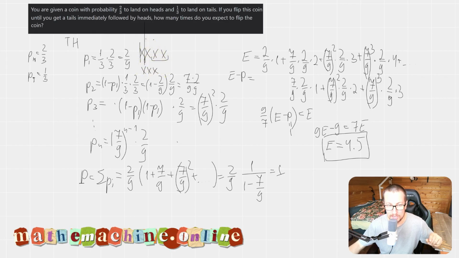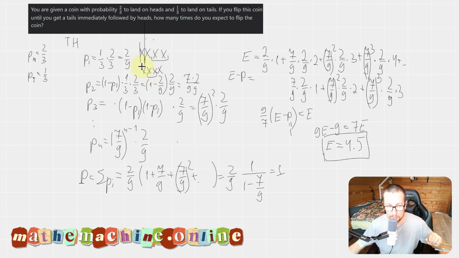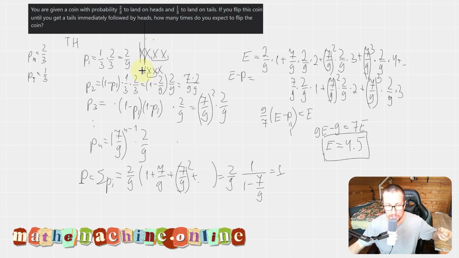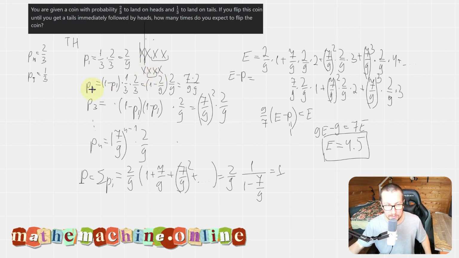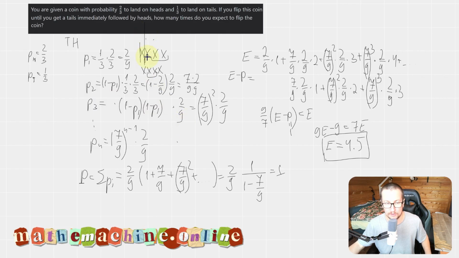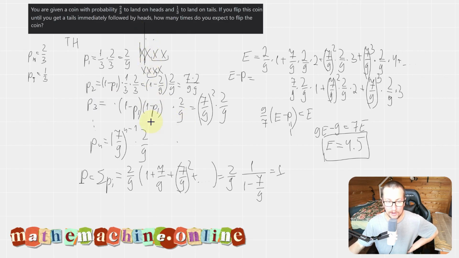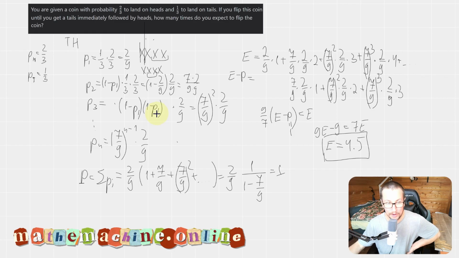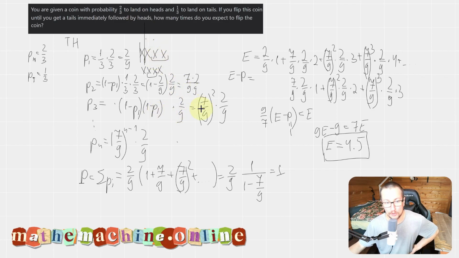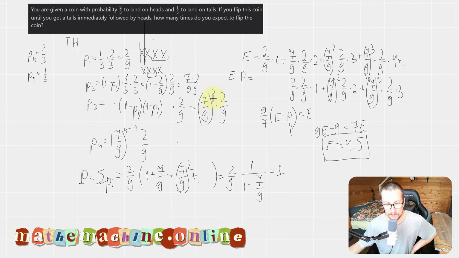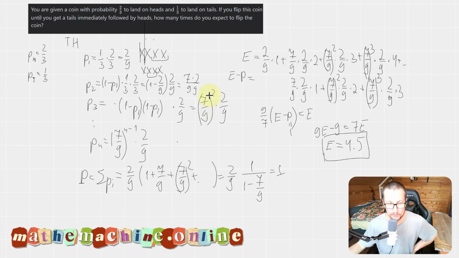If you are here, it is just like when you just started: 1 time you have to fail and 2 times succeed. So it's basically times p2. All of this is p2 since you find yourself here. So again, fail one time with probability 1 minus p1, not p2, times 2 over 9 to succeed. So it brings us 7 over 9 squared. This is the hardest point of this.